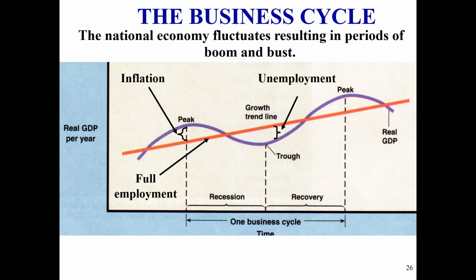On the red line, we're efficient, like on the production possibilities curve. So we have no cyclical unemployment here, all right? And here, we're recessionary. So on the production possibilities curve, we'd be inside the curve and would have cyclical unemployment.